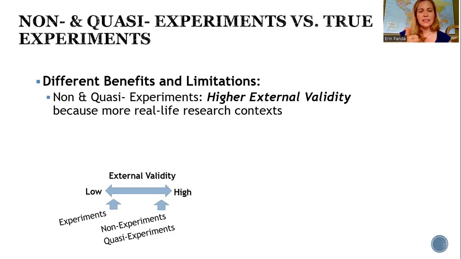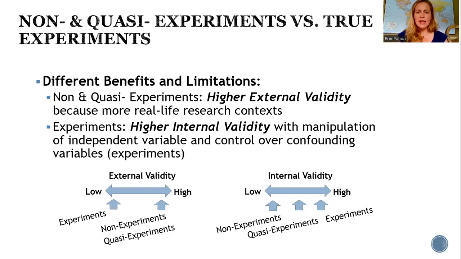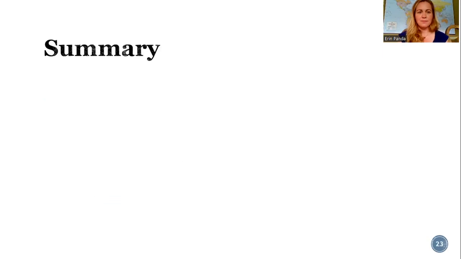Higher external validity for non-experiments and quasi-experiments. Whereas on the other hand, experiments tend to be conducted in a lab in much more controlled situations so that we're isolating just two variables to see what their relationship is. And as a result, experiments tend to be higher in internal validity.